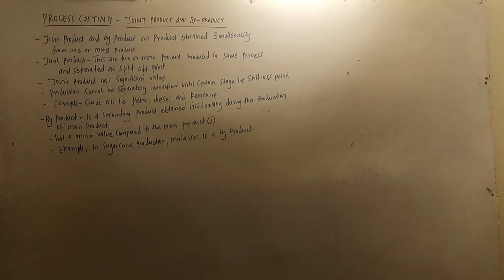So we have byproduct and joint product. Now when we talk about joint products, these are two or more products produced in the same process and separated at the split-off point. Joint products in most cases have significant value.